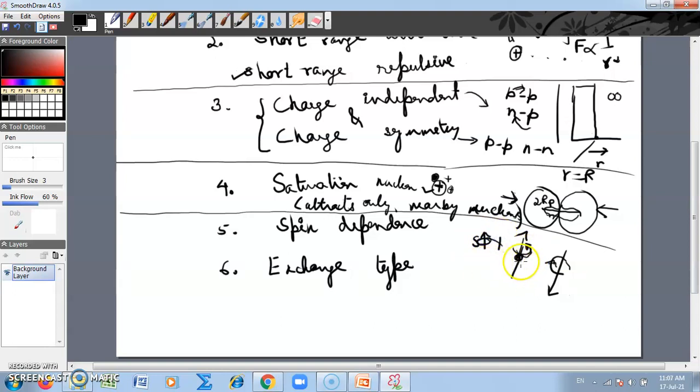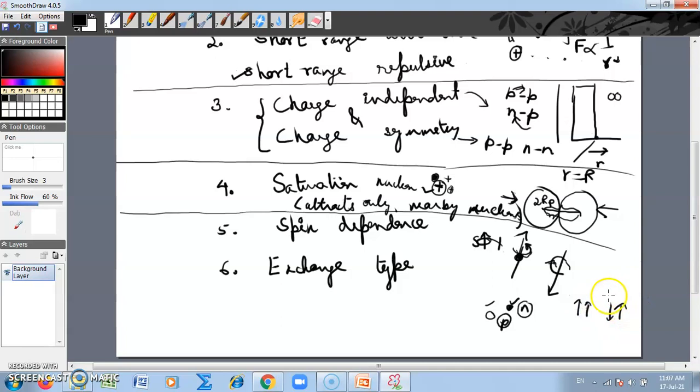So in the case of the nucleus, suppose I have a proton and a neutron. This is my proton and this is my neutron. There may be two cases. First, their spins may be parallel, or their spins may be anti-parallel.